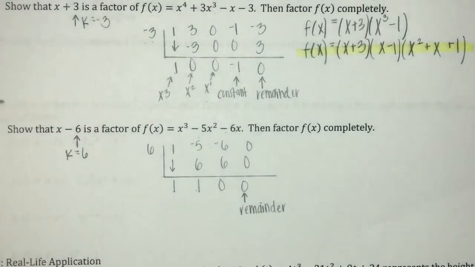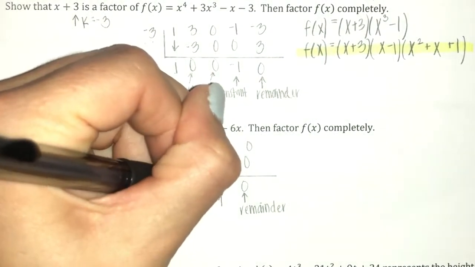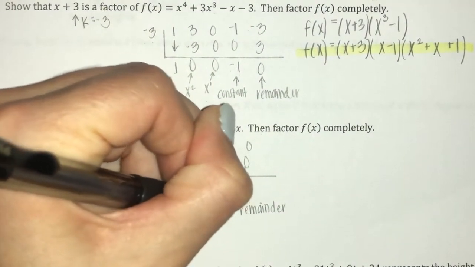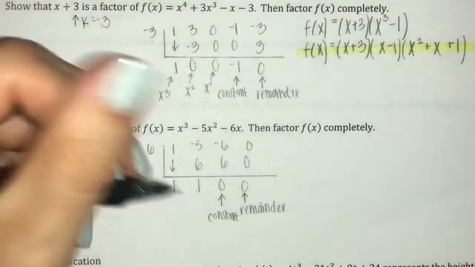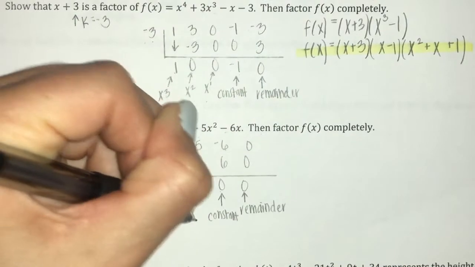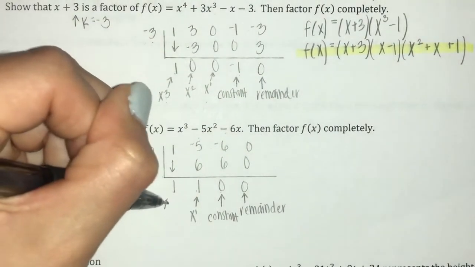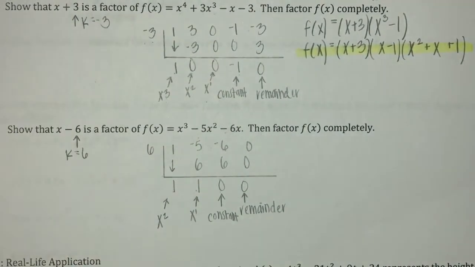And then what's left over once we factor that out is what we're given after we divide. So the next 0 is the constant. The one on the right is the coefficient of x to the first power, and then the second one is the coefficient of x squared.